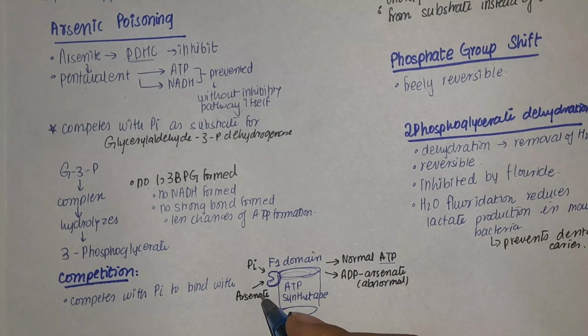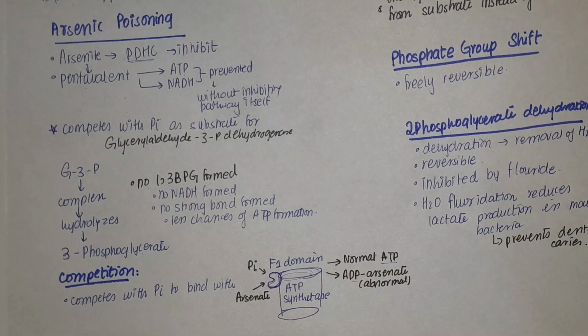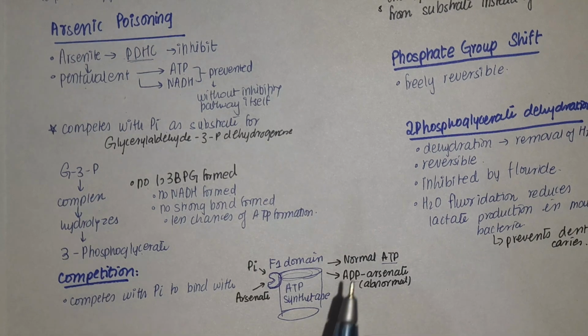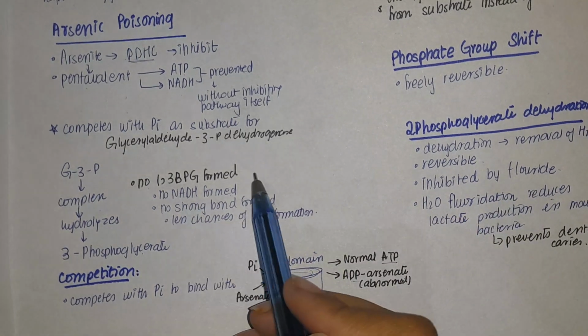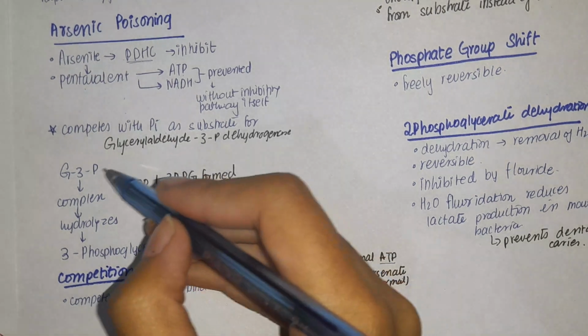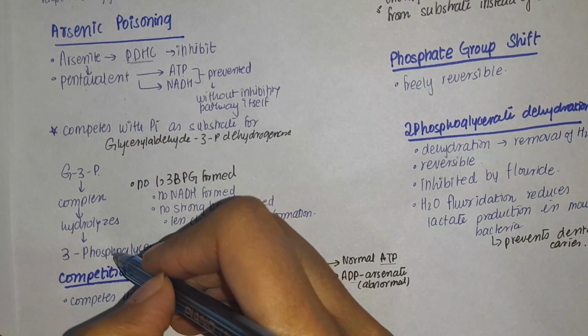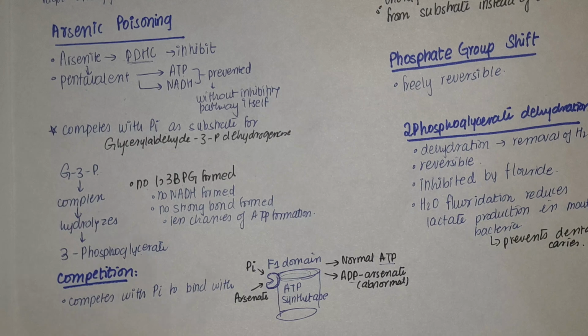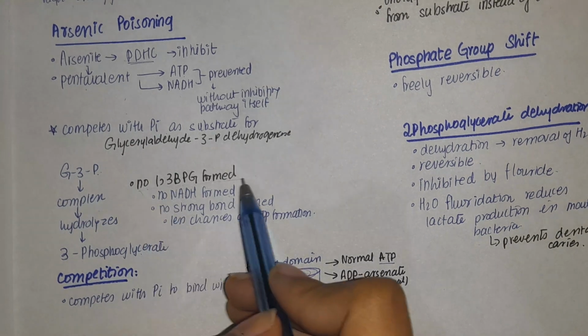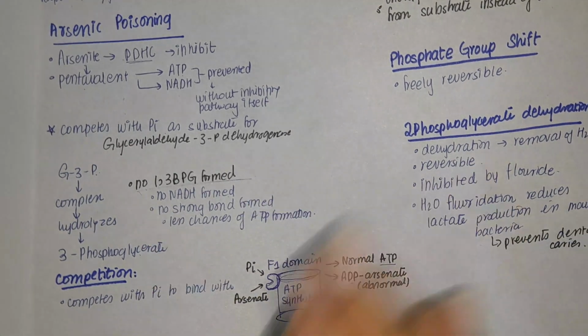But when this arsenate comes, we get ADP-arsenate, which is abnormal. And when things are abnormal, no ATP produced, no NADH produced, no 1,3-bisphosphoglycerate produced, this glyceraldehyde 3-phosphate directly converts into 3-phosphoglycerate. So this is how arsenic poisoning skips the step that we just studied.